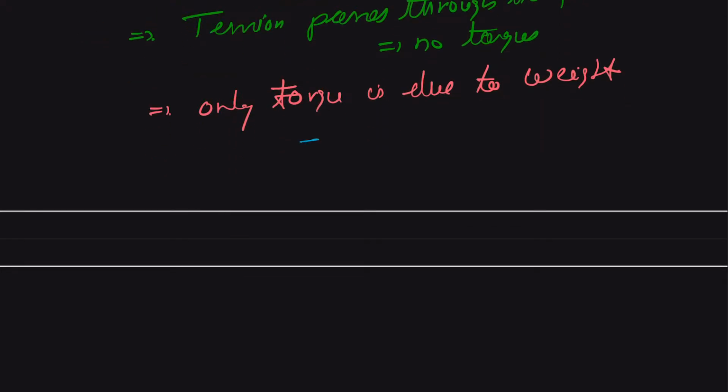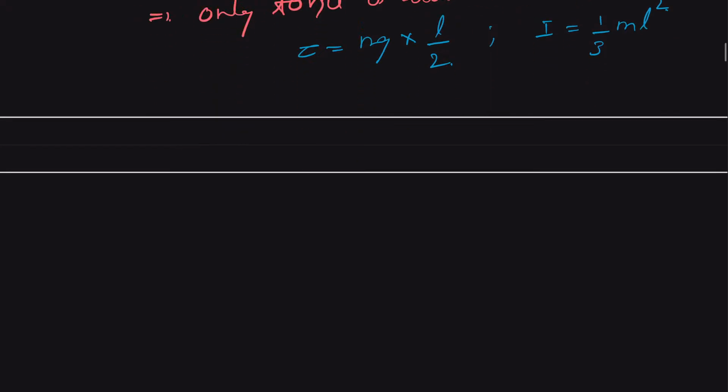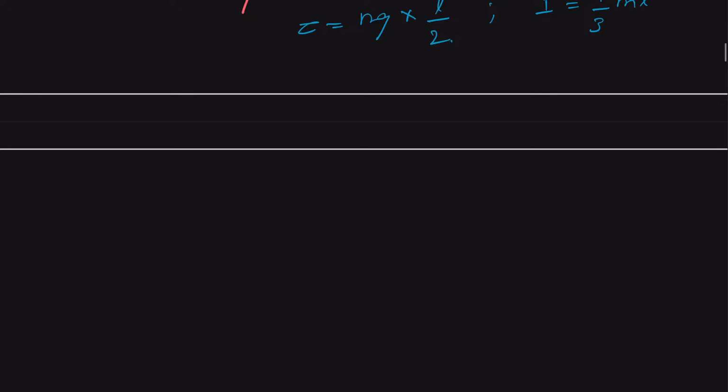Therefore we can say that tau is equal to mg and our lever arm, that is L/2. And we know that the moment of inertia about one of the ends, I, will be equal to 1/3 ml square. Therefore tau can be written as moment of inertia times angular acceleration.